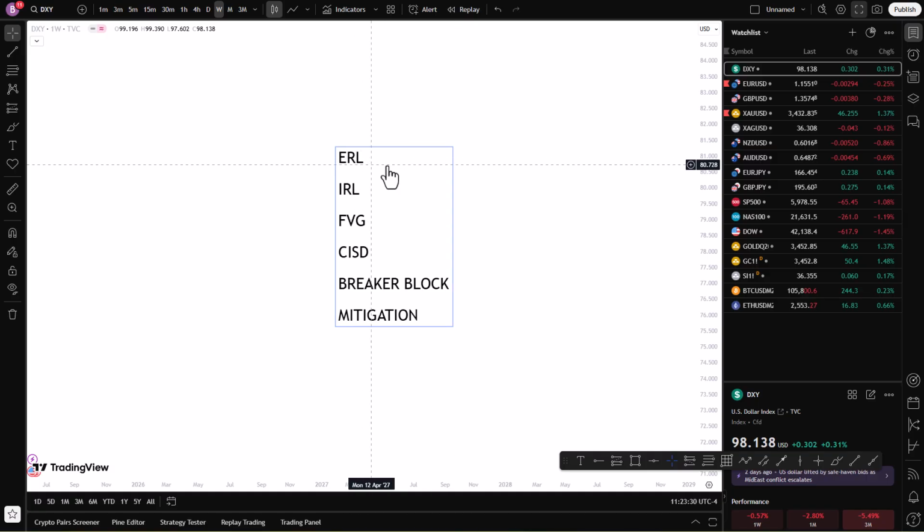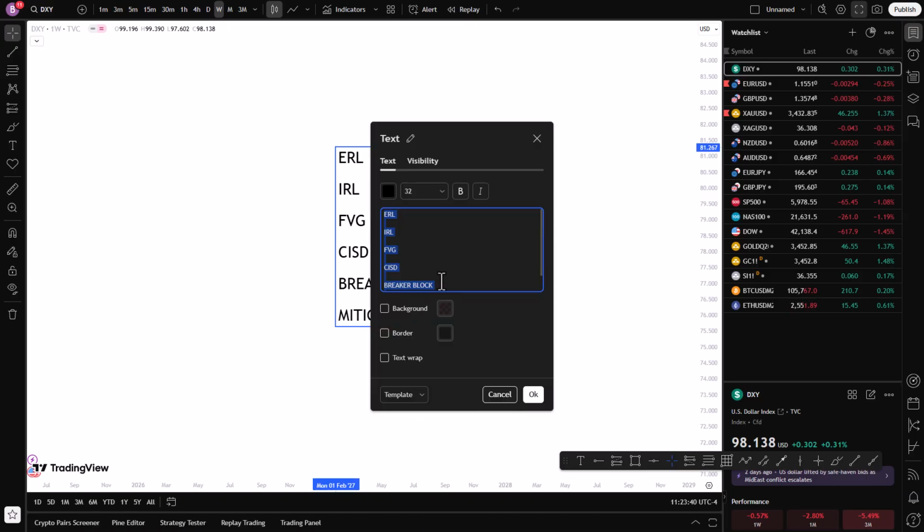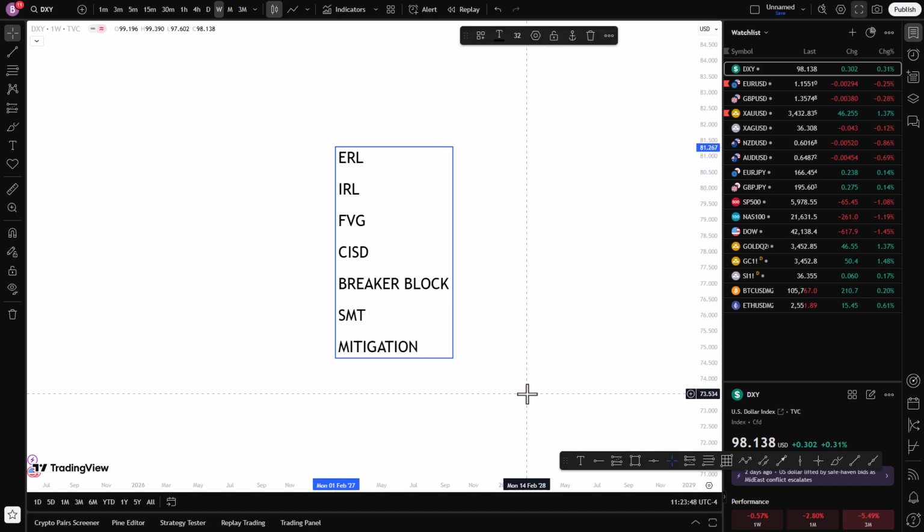You heard me saying external range liquidity, internal range liquidity, fair value gap, change in the state of delivery, breaker block, mitigation block, and we also have the SMT divergence. So you will hear me use these words frequently when carrying through the top-down analysis.